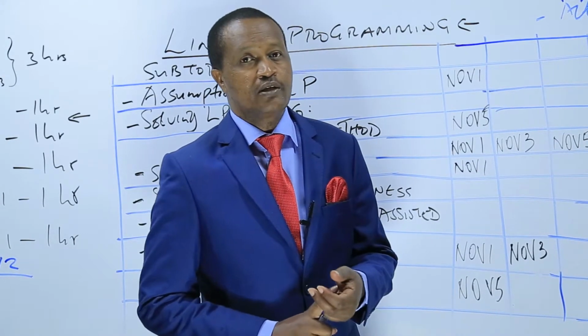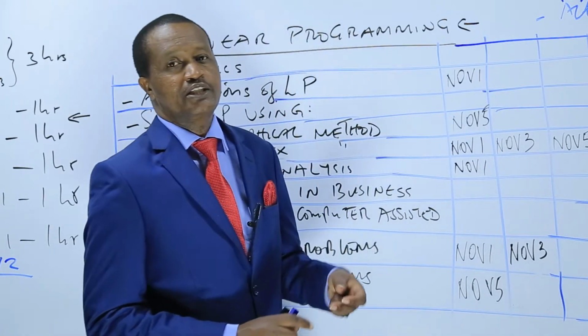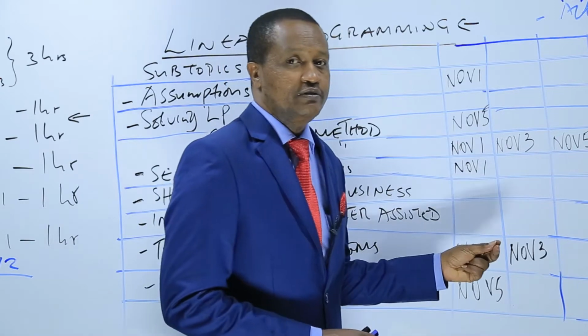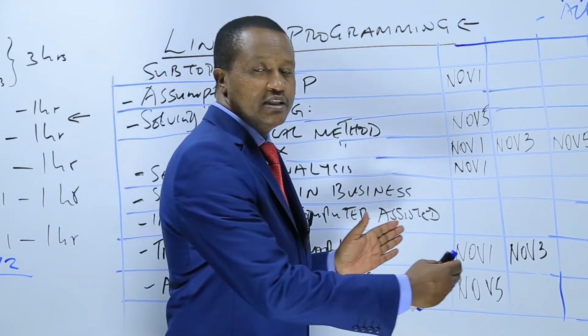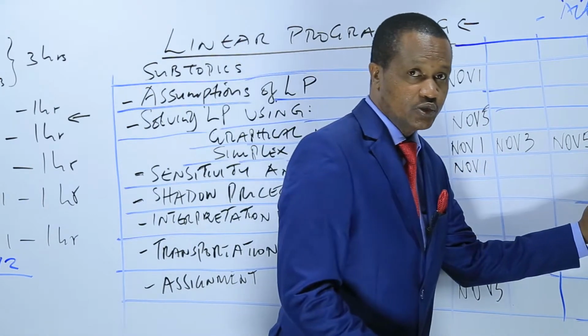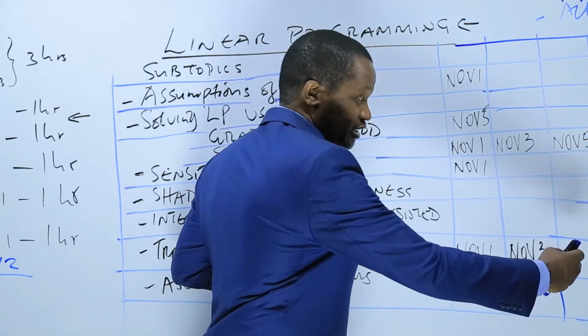Number 2, we perfect by repetition, spaced repetition. Here repetition has been spaced throughout the 21 days. It has been spaced out, spread out.